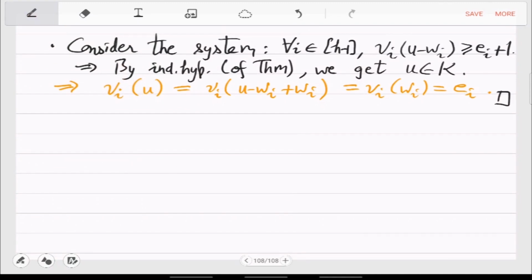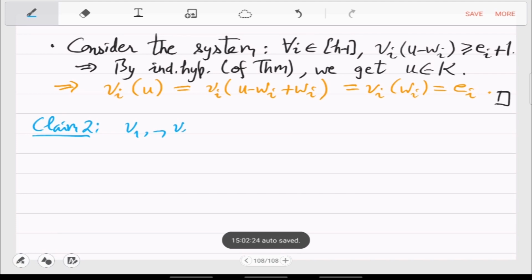Okay, so now we move to the next claim, which is that V1 to VH are Q-linearly independent.